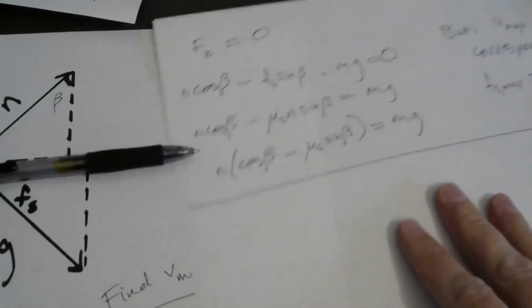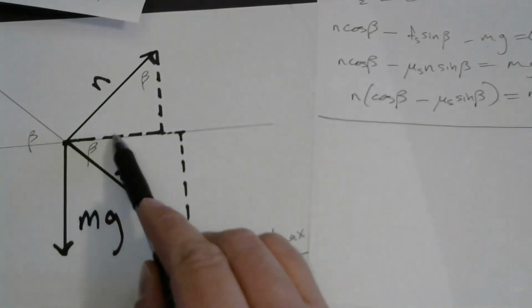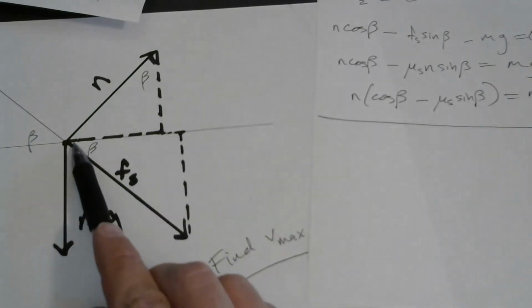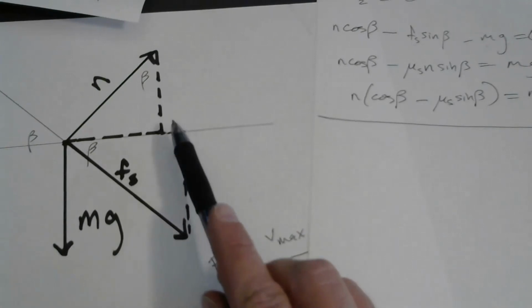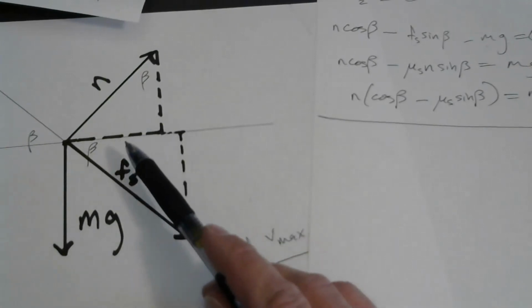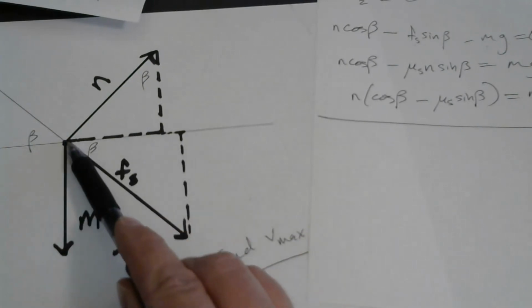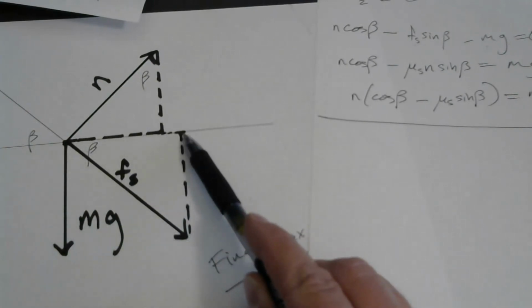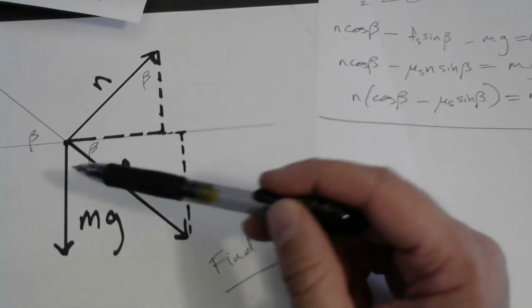Remember, to the right, that's the positive direction. What do we have here? I've got an r component of N, and I have an r component of the friction force. I didn't label those because I think it would be a little confusing, but this is the r component of the normal force, and this is the r component of friction. So check it out. If you think about it, what is the friction doing?